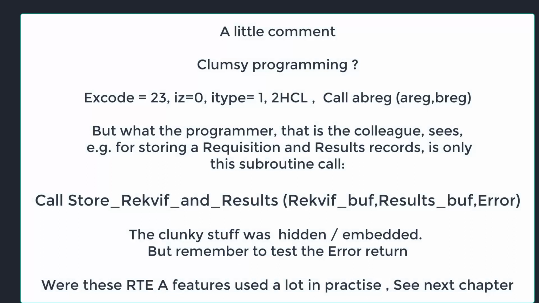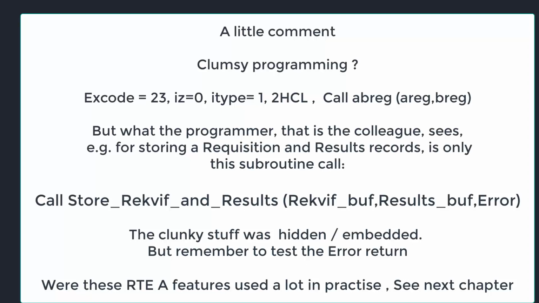A little comment here in the end. Clumsy programming, yes, it is exec code set to 23, type to 12, HCL call ABREC for testing that the parsing of the buffer is correct. That looks clumsy. But what the programmer, the college, sees, for example, for storing a requisition and a results record, is only this nice little sentence, call requisition and results.